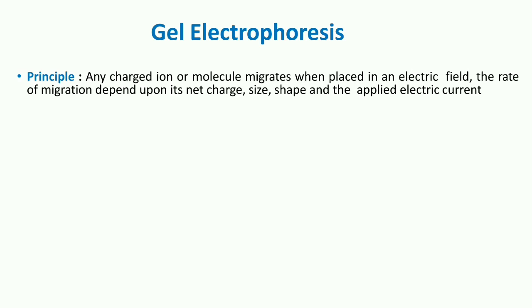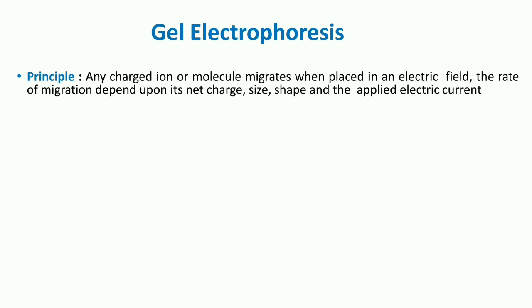The principle of gel electrophoresis: any charged ion or molecule migrates when placed in an electric field. The rate of migration depends upon its net charge, size, shape, and the electric current applied. Due to this, the power supply is mainly regulated so as to provide a constant electric current.